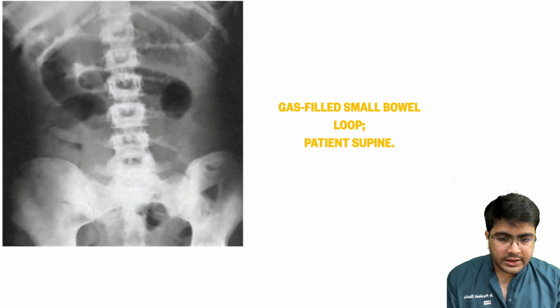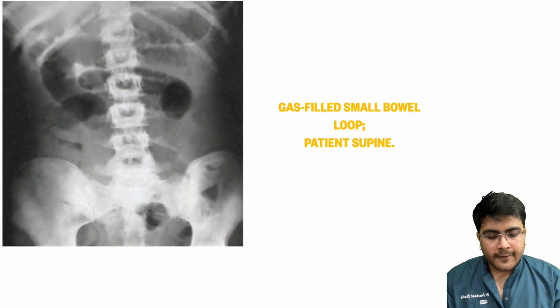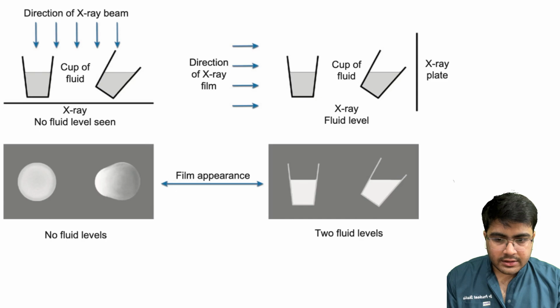So here this is the abdominal X-ray in supine position. In supine position, what you see is just the gas-filled small bowel loops. Through this image, I wanted to stress upon why air fluid levels are not seen on supine X-ray but seen on erect X-ray.